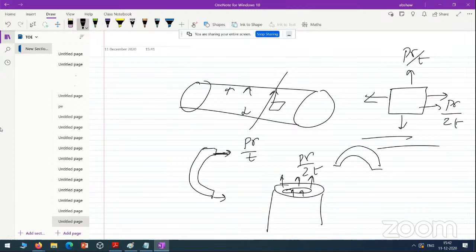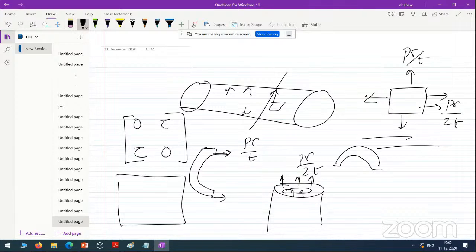For pure shear, in the two-dimensional case, it will be 0, 0, with only tau in the off-diagonal terms, whatever shear stress you have. If it is a biaxial state of stress, you have sigma x and sigma y, and the shear terms are 0.